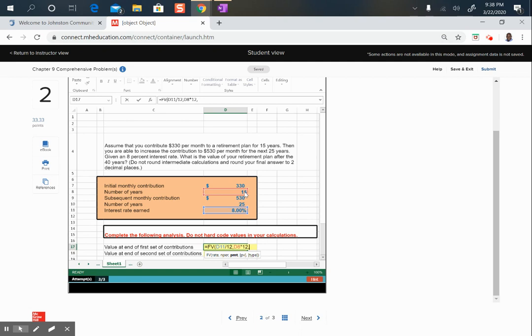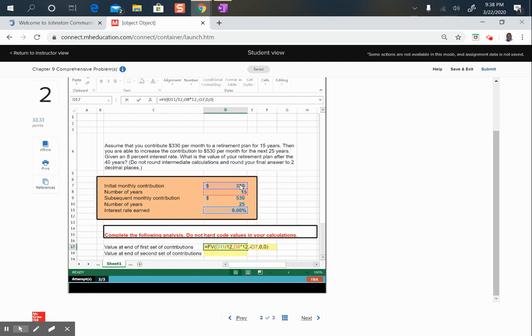That becomes a cash outflow, and therefore this will be minus 330. 330 is given to us, we reference 330. And then our present value in this case is 0. We have no present value for this, so that will just be 0, nothing else there. And for the type here, we're assuming the payments are at the end of the month, at the end of the period, so in this case, by default, this is going to be 0.